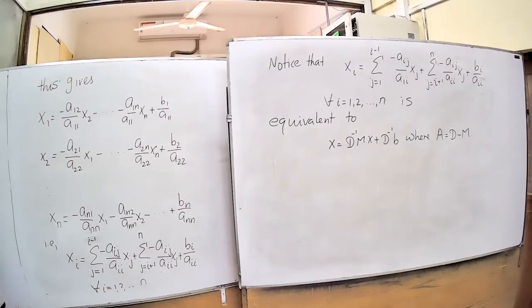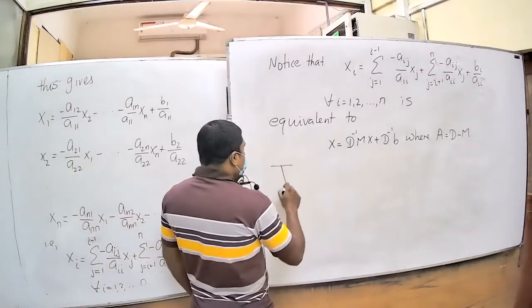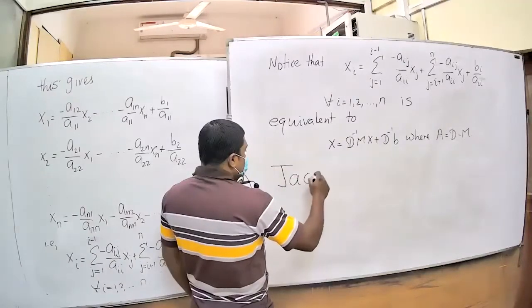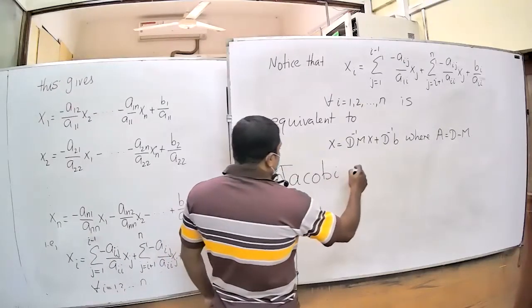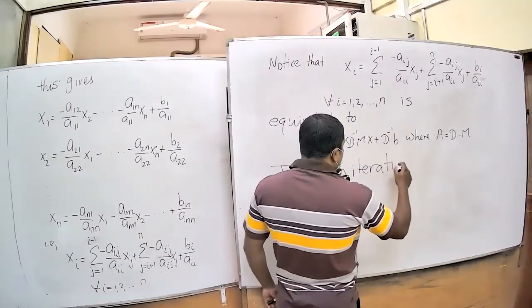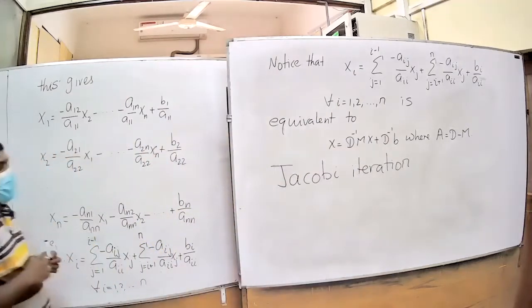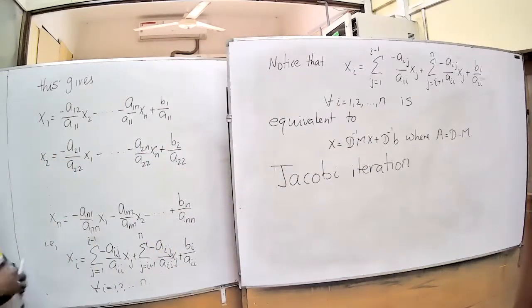From this we can develop iterations. Let me define the first type of iteration. This is called Jacobi iteration.